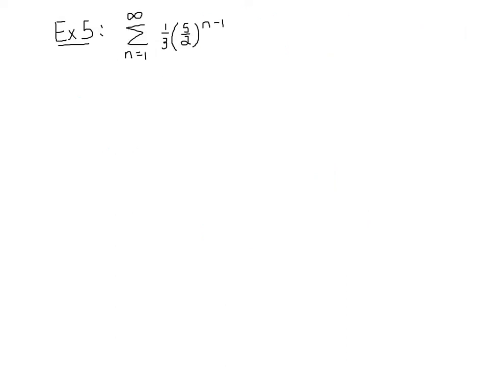In our last example for the night, we have the sigma notation again. Remember that the 1/3 represents your a sub 1, and the number in parentheses represents your r. So my r is equal to 5/2, which is the same thing as 2.5.